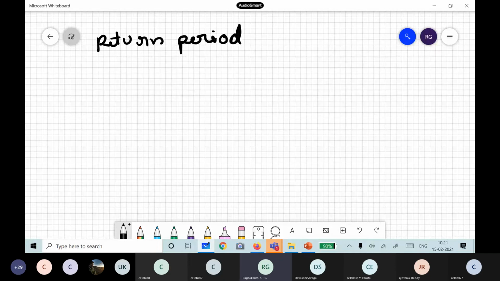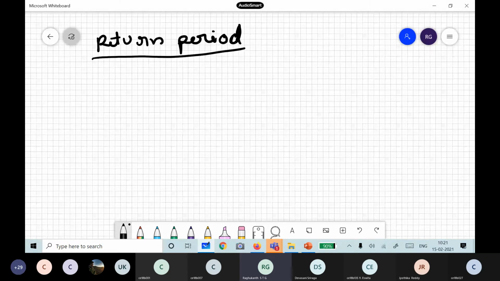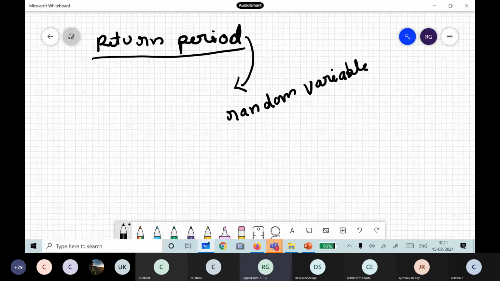Now all of you have heard this word return period. Where does this return period concept come from? I think you would have done that probability and statistics course in the mathematics department. So there you would have heard this word return period. This return period is associated with what random variable? Can anybody tell us? Which random variable is related to this return period concept? Normal?